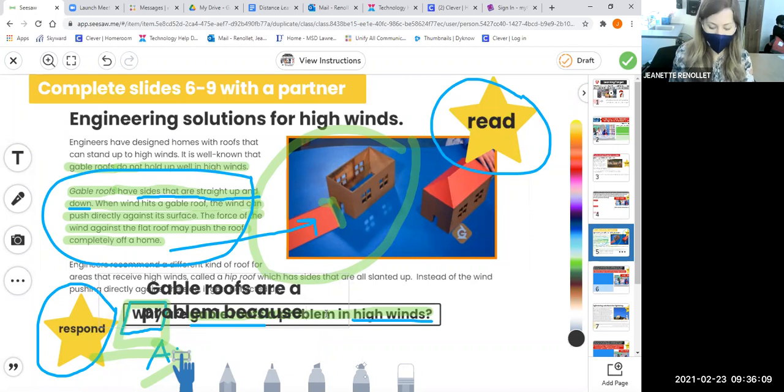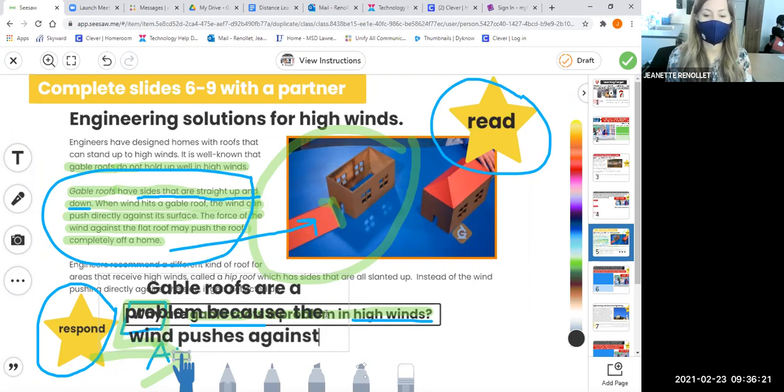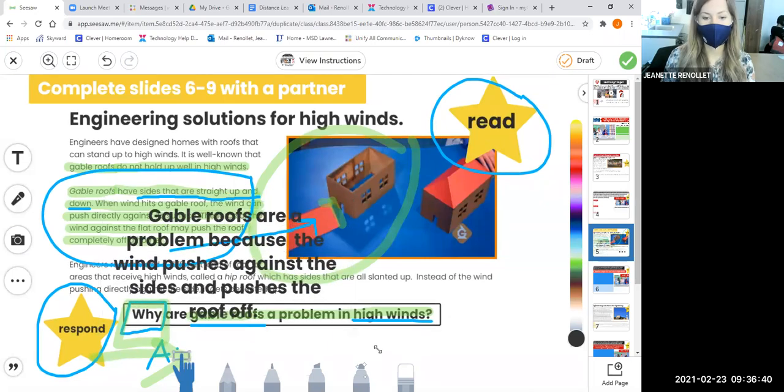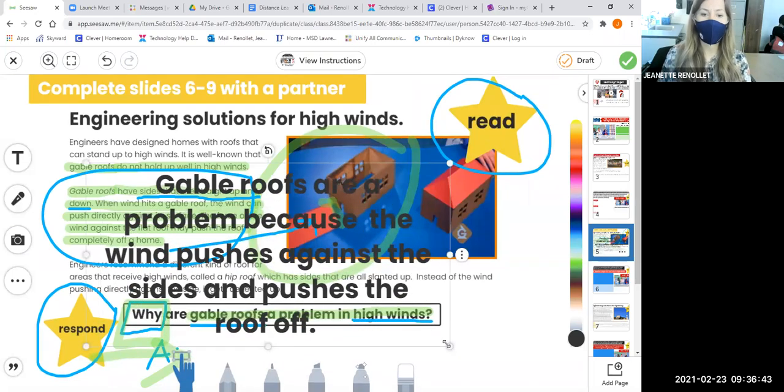Gable roofs are a problem because the wind pushes against the sides and pushes the roof off.